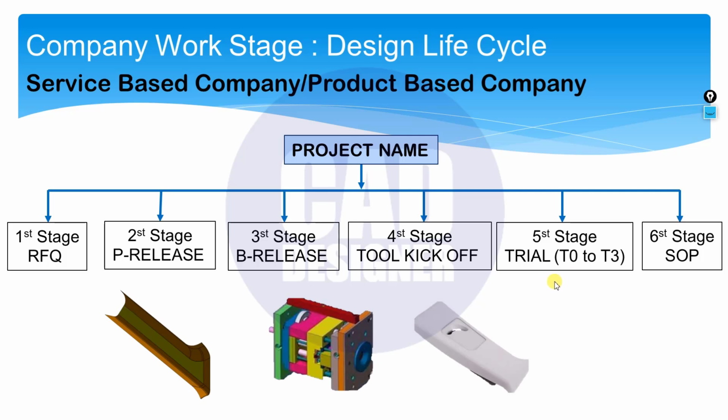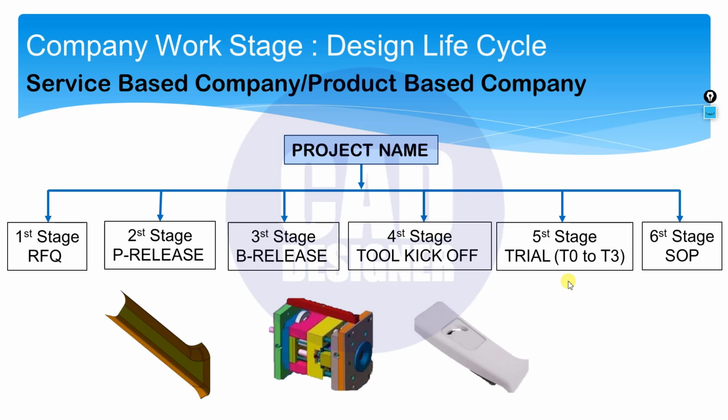Also here we need to have an idea, because sometimes your design is okay and a sink mark is coming, but this is due to a tool maker's issue or a process issue. At that time you need to investigate why this is coming. Suppose a sink mark is coming because the tool maker forgot to do the coring in the tool.